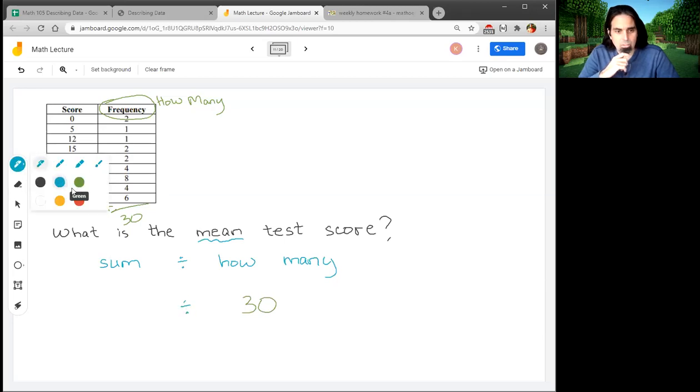Now I want to find the sum. So what was the total of all the scores? What's happening in the top row? How much does that contribute to the sum?